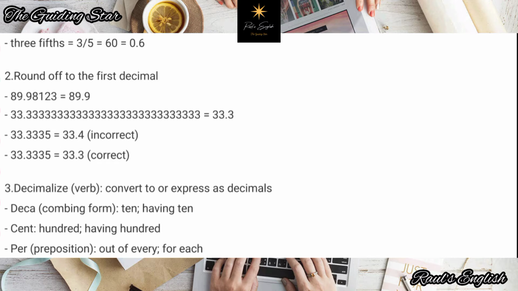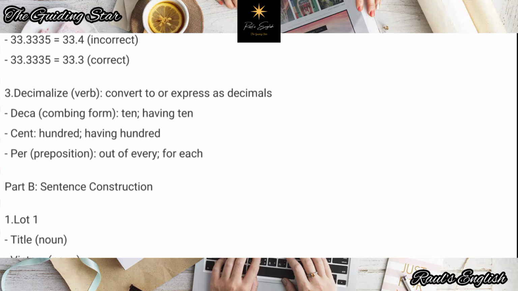Alright, so decimalize. What's the meaning of decimalize or decimalization? That happened a few decades ago in most of the countries. Most countries before used the imperial system, then they had to go to the decimal system. When you decimalize a number, you express it in decimals. Decimal comes from deca, 10, like decade. A decade is 10 years.